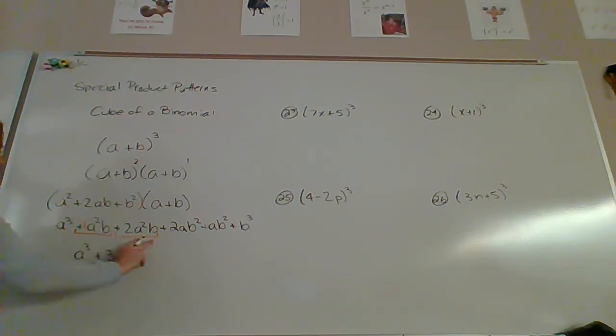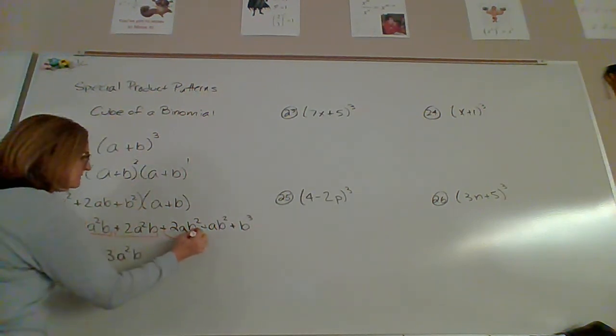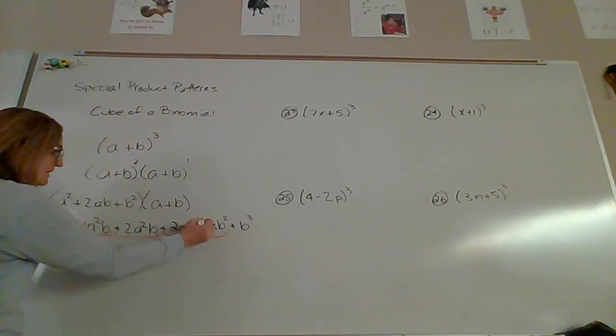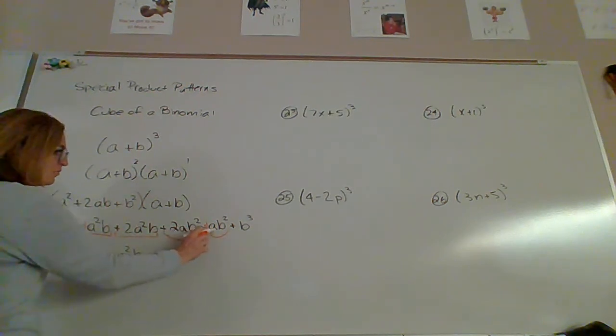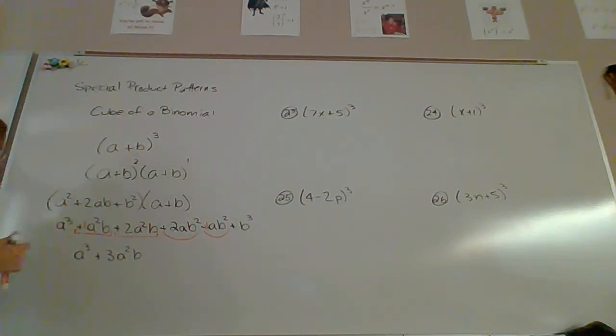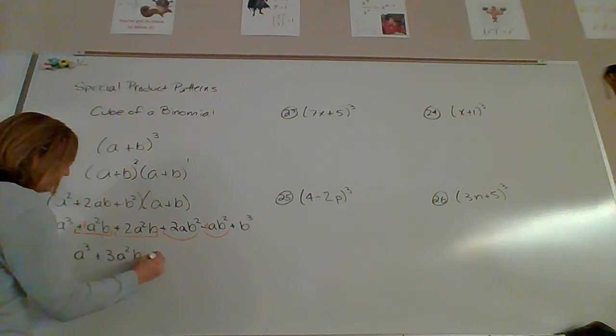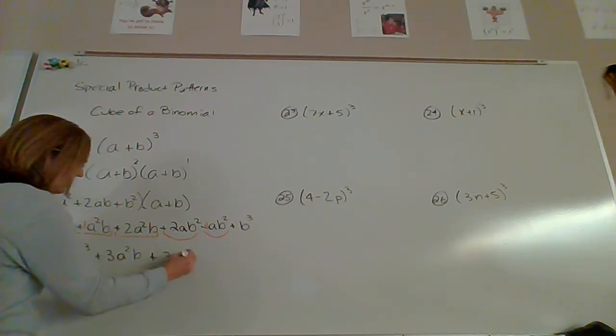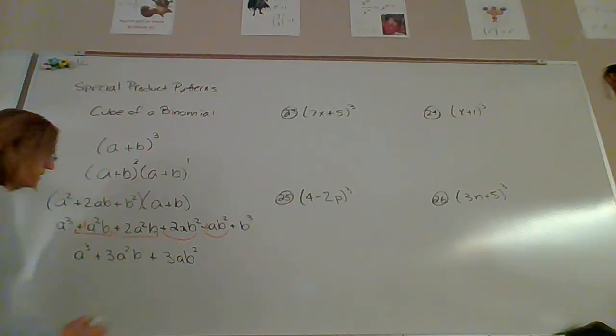Notice the variables and the exponents don't change, just the coefficients. Then we move on and we have some ab squared terms. We have two of them. We have 2ab squared and 1ab squared. And when we combine them, we end up with 3ab squared.